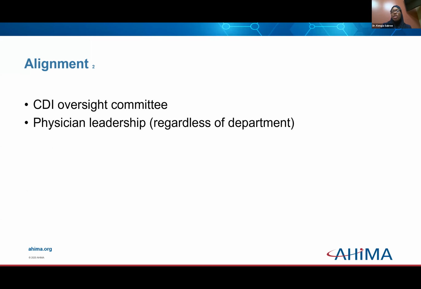So in addition to a specific division or department being responsible for the CDI process, an inclusive CDI oversight committee is beneficial to bringing together the multiple stakeholders identified in the previous section, including executive administration and the medical staff leadership.